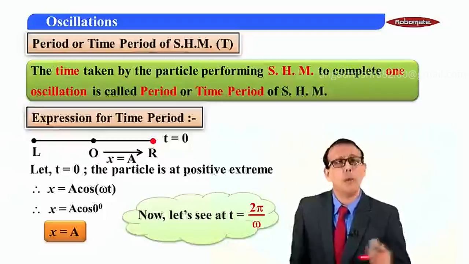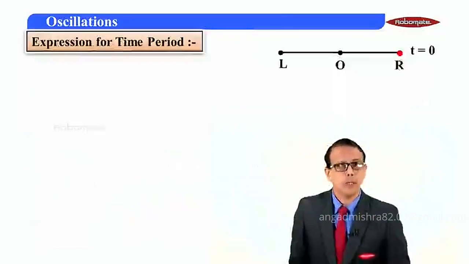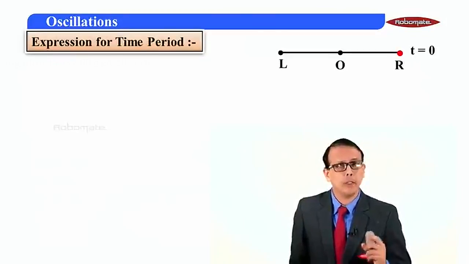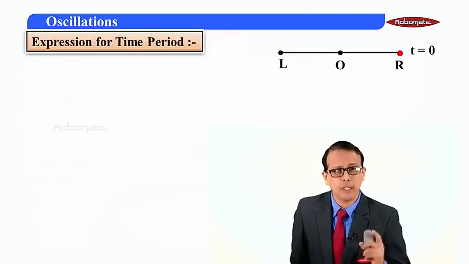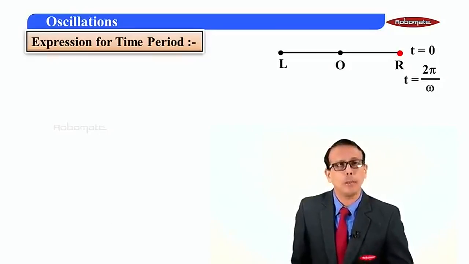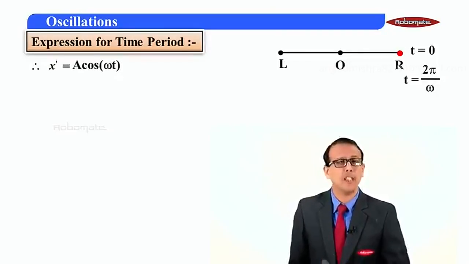Now let's check. At time 2 pi by omega, where is the particle? So as we see in the diagram, we have assumed t is equal to 0, the particle is at right extreme, that is x is equal to a. And let's check at t is equal to 2 pi by omega, where is the particle? Since I don't know the displacement, I have taken it as x dash.